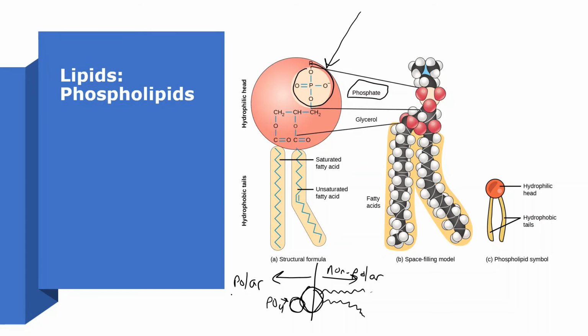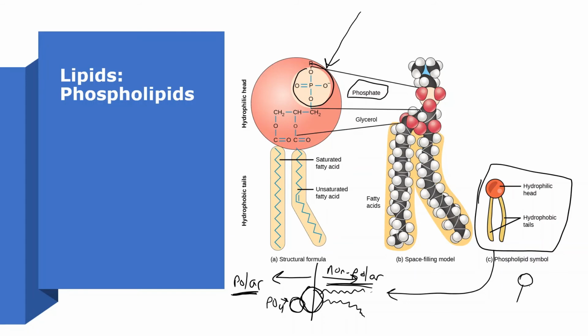So you see that the head likes the water and the tails do not, and it shows it right here a different way. Same information. And that's the easiest way to write a phospholipid, just draw a ball with 2 sticks coming out, and you can very quickly sketch out the glycerol head and the 2 tails.